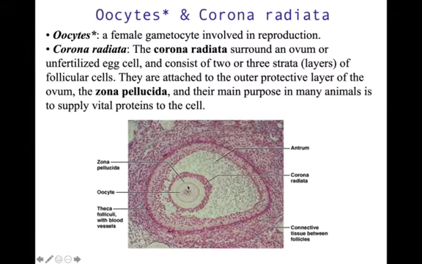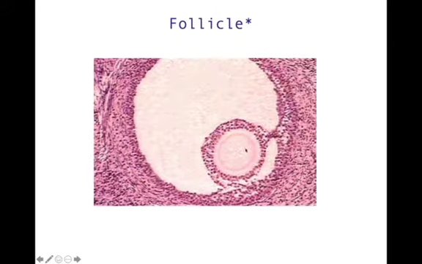This is the female gamete right here. Now, surrounding the oocyte, you can see this purple thing right there. That purple thing is called the corona radiata. So the whole thing is the follicle. Inside that, we see the oocyte, and surrounding the oocyte is the corona radiata. If I go to this picture here, here's your oocyte, and here is your corona radiata right there.